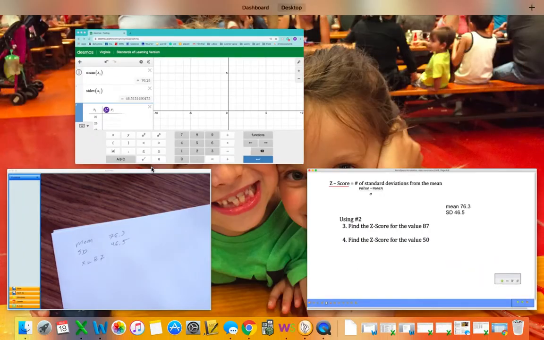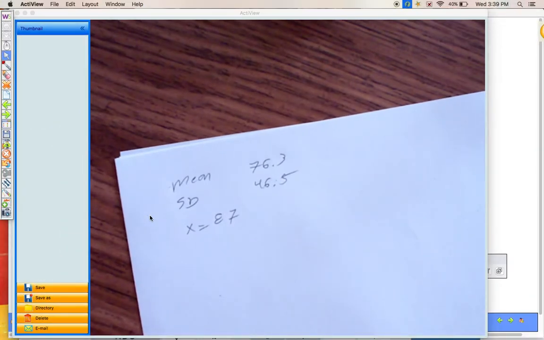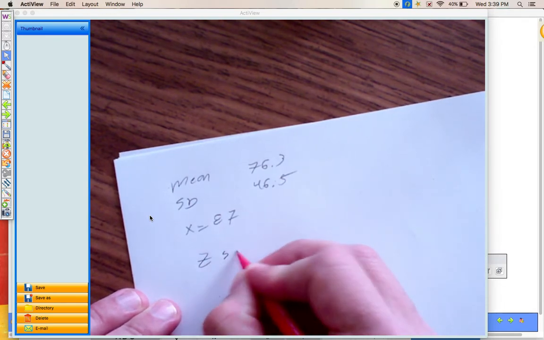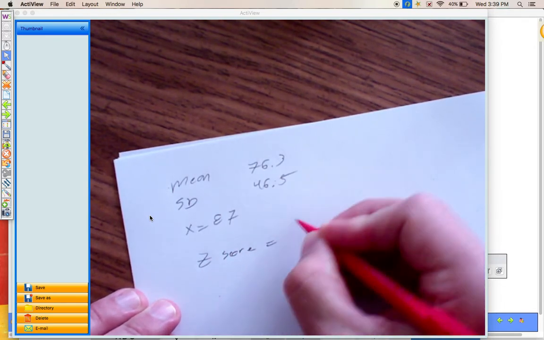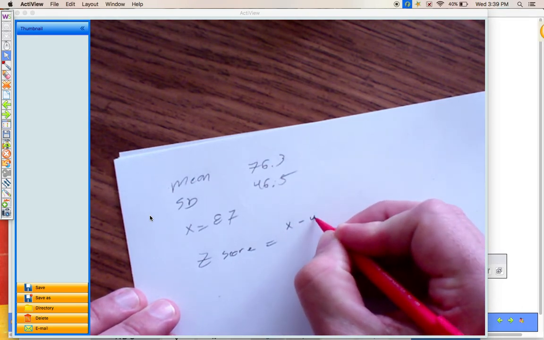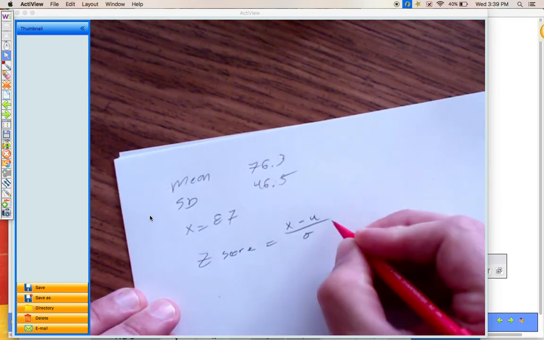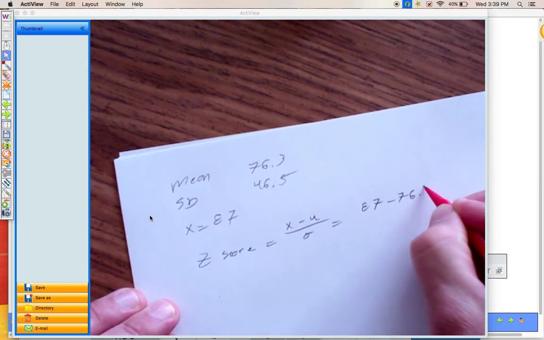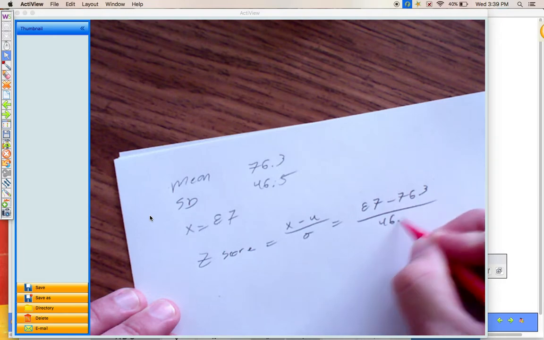All right, so my formula says my z-score is going to equal my value minus my mean over my standard deviation. So I'm going to go 87 minus 76.3 divided by 46.5.